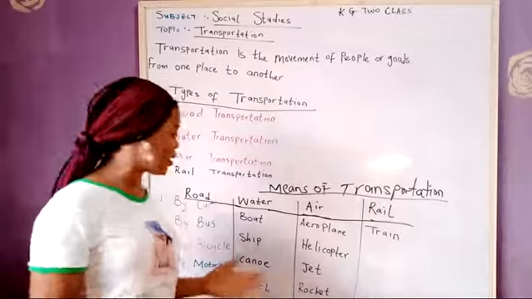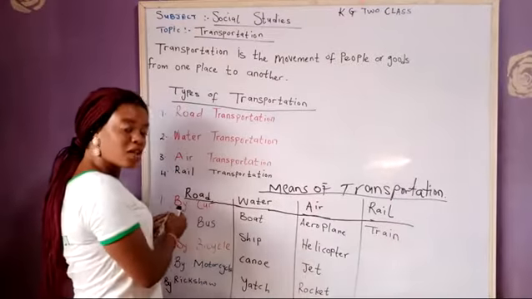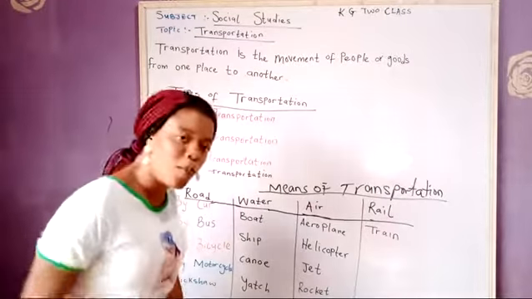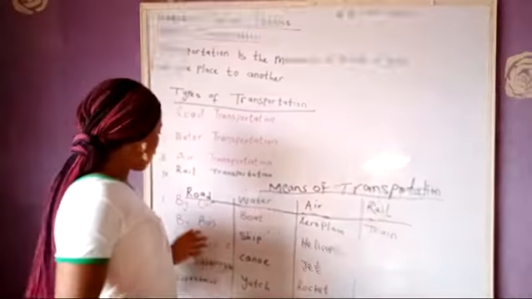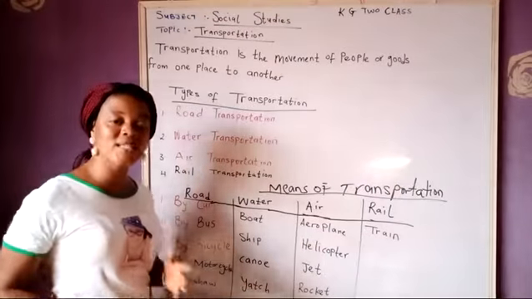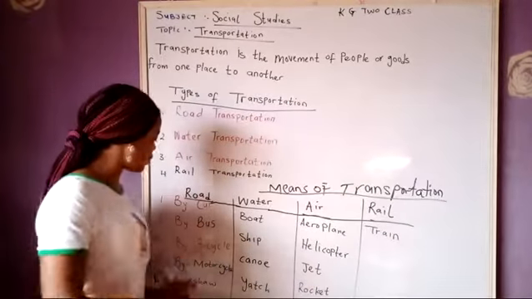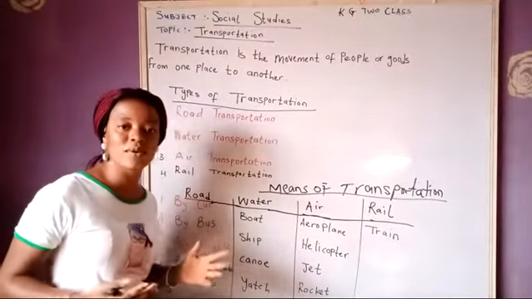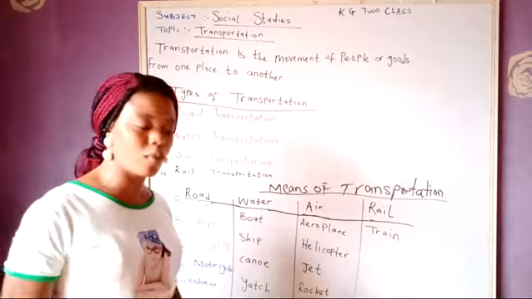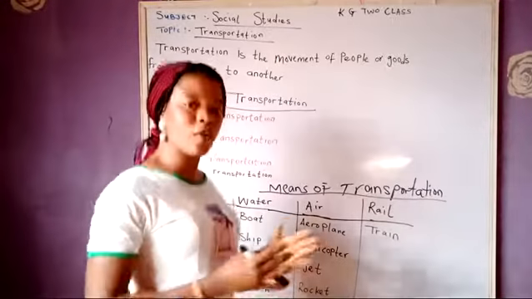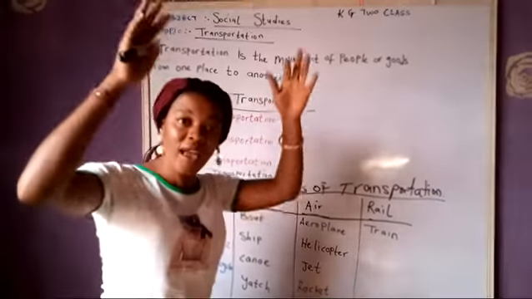And we have some means of transportation that move on the road. What are those things? We have car. Transportation by car. Our cars move on the road. We also have bus. Bus moves on the road, like a school bus. Good. We also have bicycle. Some of you have a bicycle at home. Your bicycle moves on the road. Or can your bicycle move in the air?